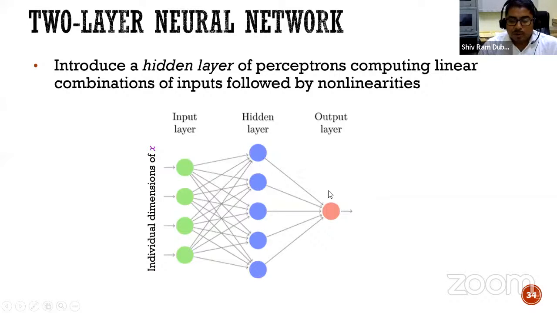The processing mechanism will be the same for all these neurons. Each neuron will receive inputs from all the nodes of its previous layer, either the input layer or a hidden layer.